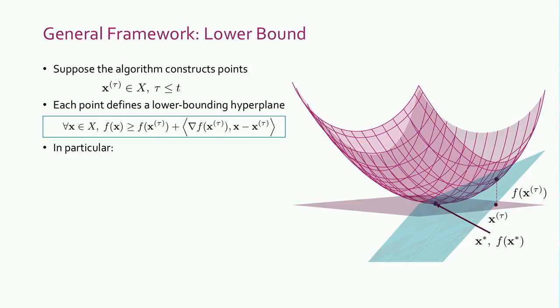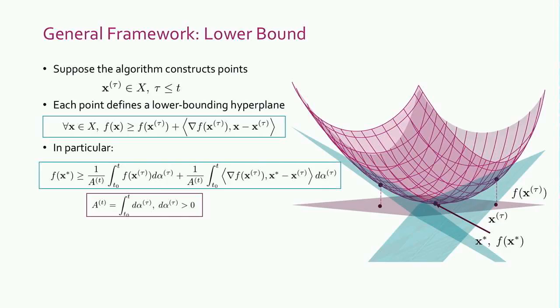Now, what is more interesting is the actual lower bound. Because my function is convex, and for now I'm assuming also it's differentiable, if I have any point from the feasible set, and I have a gradient, that defines a lower bounding hyperplane. This can even be used as a definition of convexity. All it says, linear approximation of a convex function lies below a convex function.